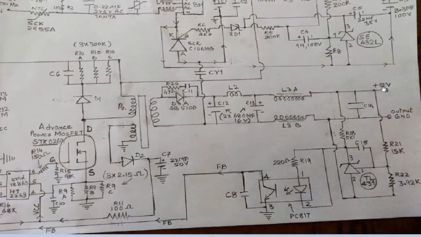Sometimes we find a dropped voltage at the output. For example, a 12 volt circuit is giving just 2 or 3 volts. So a possible cause is this snubber circuit. If the diode is open, it will not fully discharge this winding. So again this IC will start switching and the MOSFET will switch.